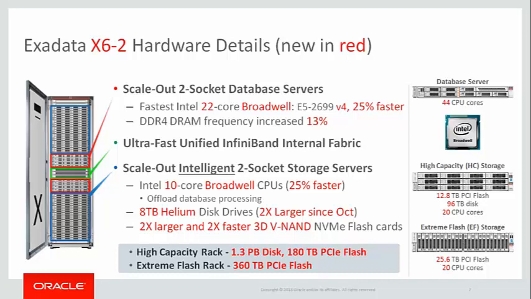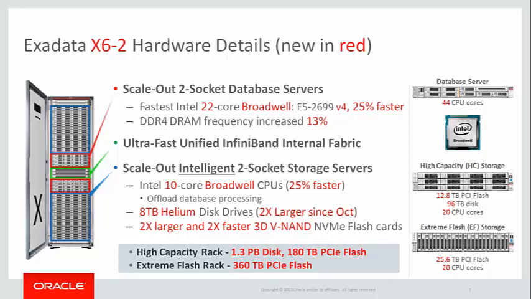So Exadata, as you may already know, offers 2 types of storage servers. One is a high capacity rack, and the other is the extreme flash rack. High capacity has both the SAS disk as well as PCIe flash, and it has a huge amount of flash as well as disk capacity. The disk capacity is now 1.3 petabytes, as in P, and flash cache is 180 terabytes of flash cache.